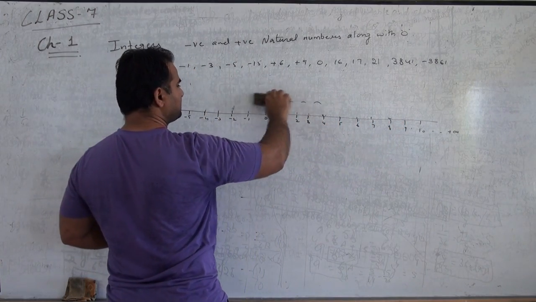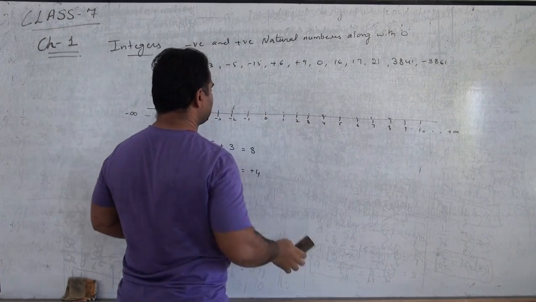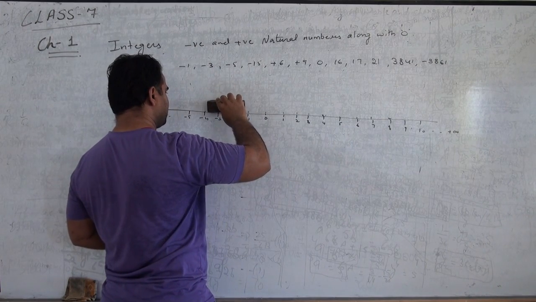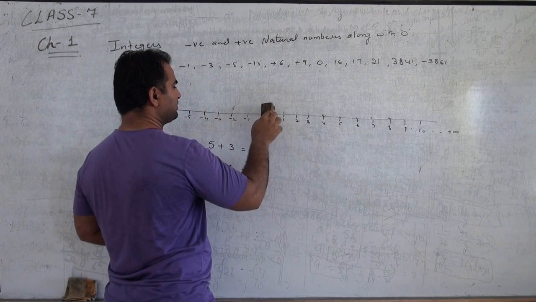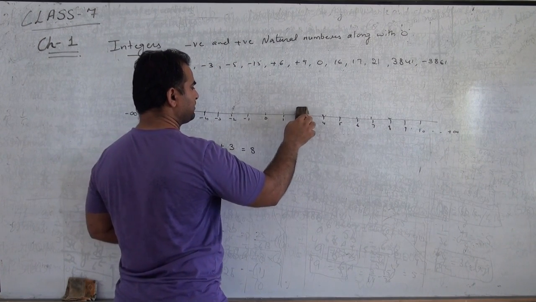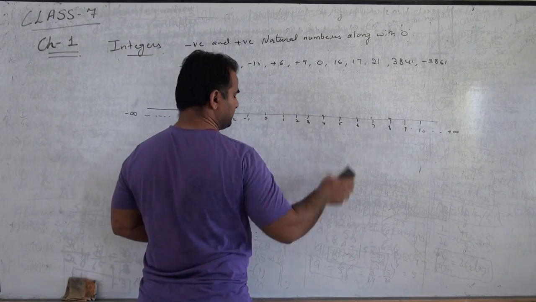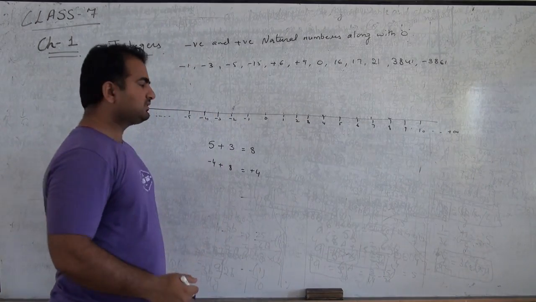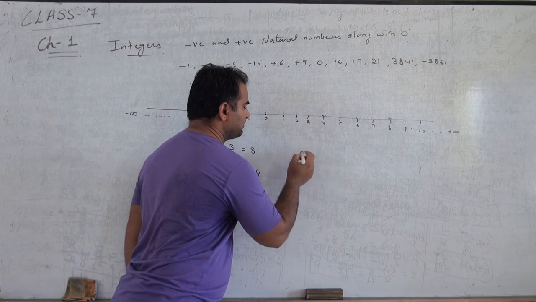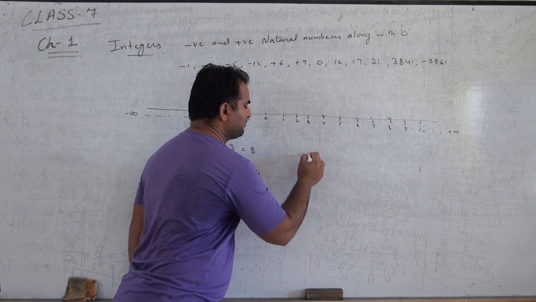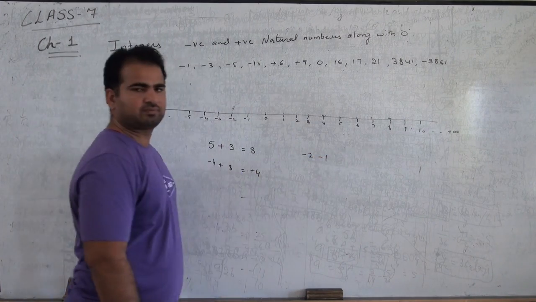Next is when we have to subtract an integer from an integer. When we have to subtract an integer from an integer, we have to go to the left hand side. So the question is -2 -1.